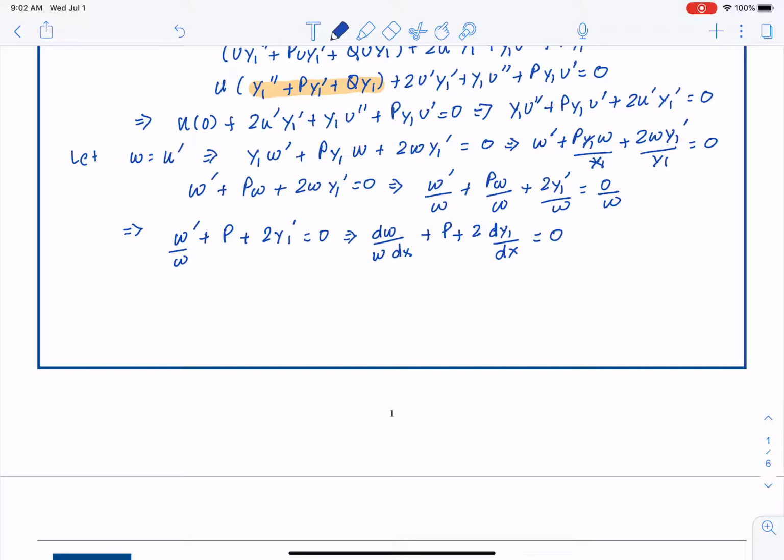If I multiply by dx on both sides, I would end up getting dw over w plus p times dx plus 2 times dy1 over y1 equals 0. I can move that p times dx to the other side.